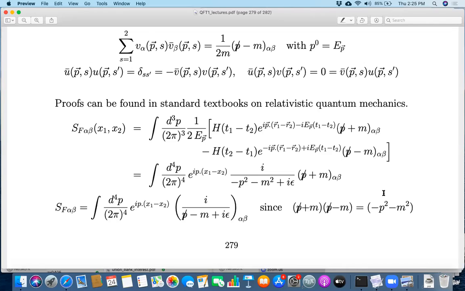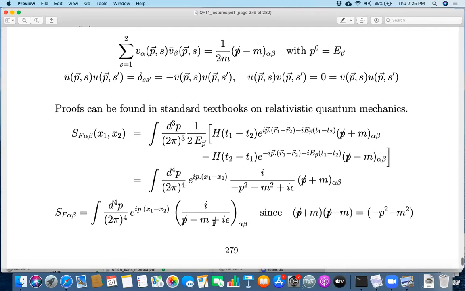sorry, is equal to the inverse of (p slash minus M), because you are bringing this to this side and taking p slash minus M to the other side. And that's what is responsible for this. And this i epsilon is basically a reflection of the fact that instead of writing it as M squared minus i epsilon, you could have also written it as minus (M minus i epsilon) whole squared.